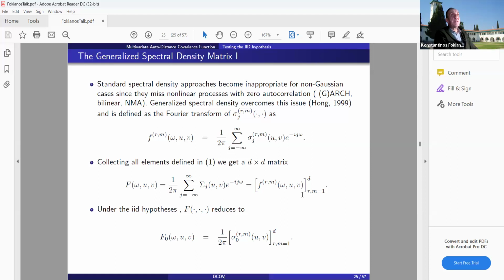But definitely, of course, it would be nice to have some kind of partial distance covariance. Some people have tried to do this, but it is not satisfactory.